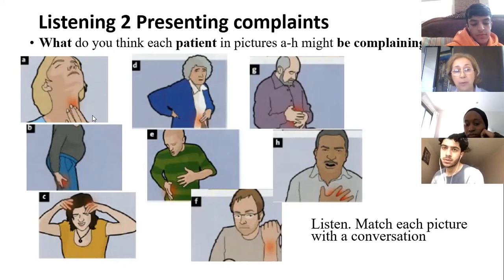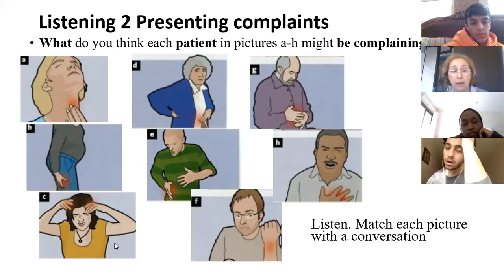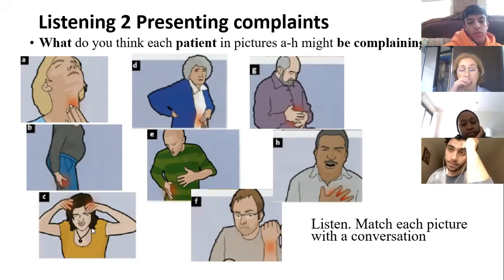Throat. Yeah. Picture B. Thigh. So what part of the body is she touching? I think thigh, the side, the leg, maybe. Right? Picture C. Head. Yes, head. And in picture D, the stomach.